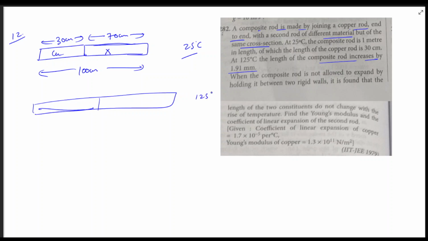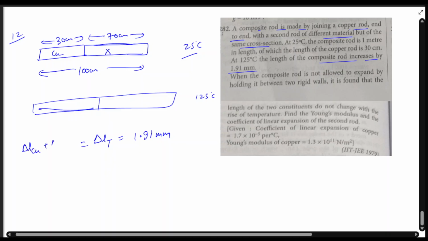So this is at 125 degrees Celsius. So if it is 100 centimeter, then this will increase 100.191. Okay, so simply I can write delta L total is 1.91 millimeter. So delta L total will be delta L of copper plus delta L of material X.